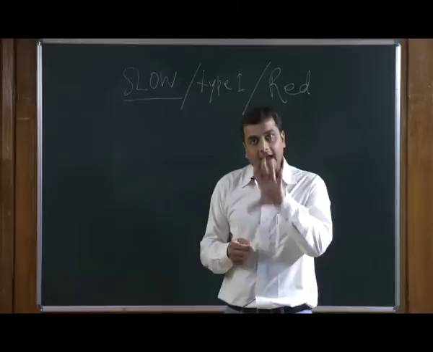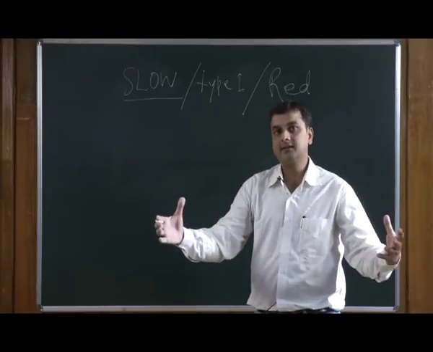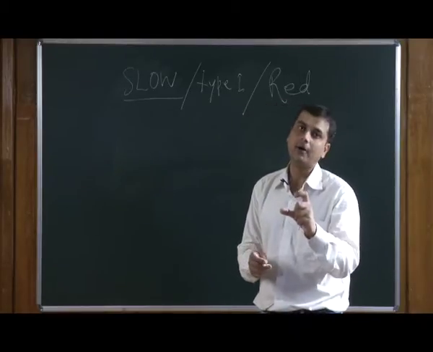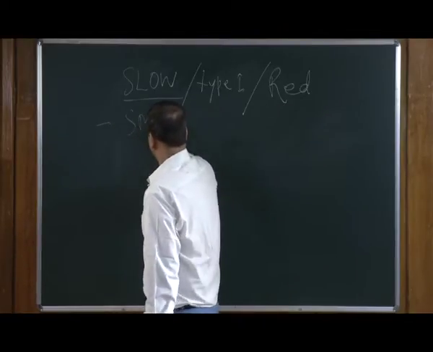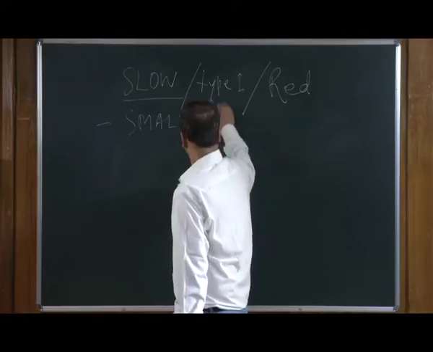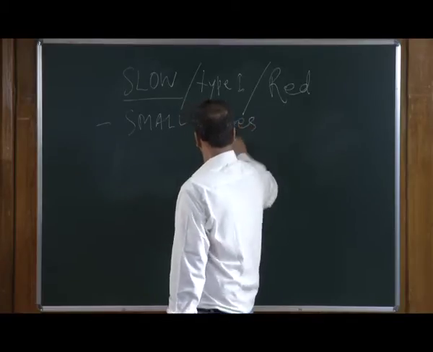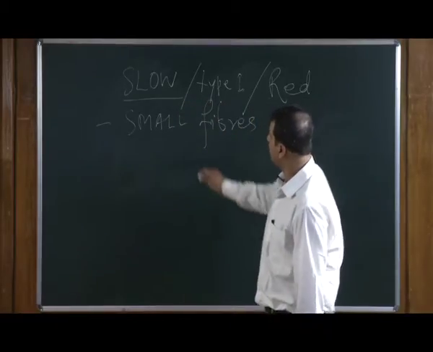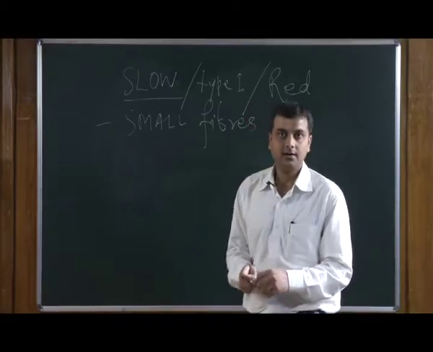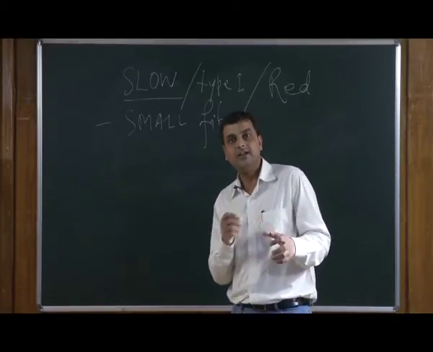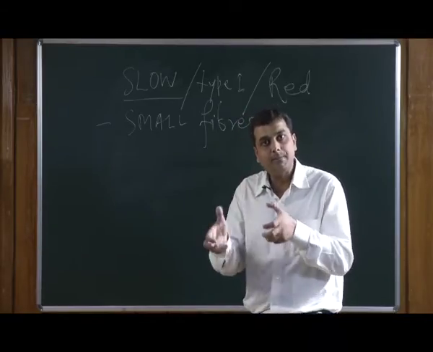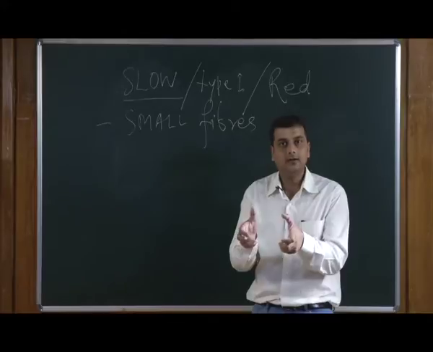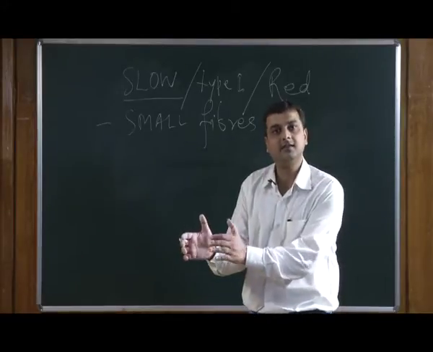Now, the actual property of this muscle is such that these muscles are made up of very small fibers. So, the muscle fibers are smaller in nature, and because of this smaller nature, the innervation, the actual activity of the neuron towards the muscle, is slow.